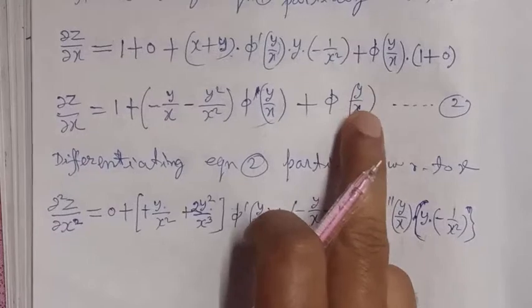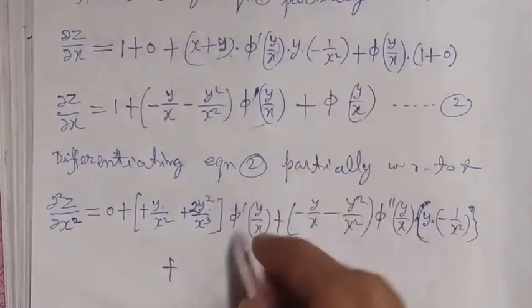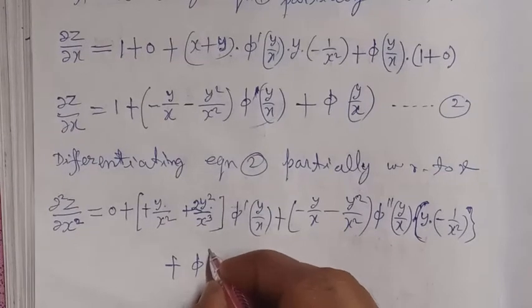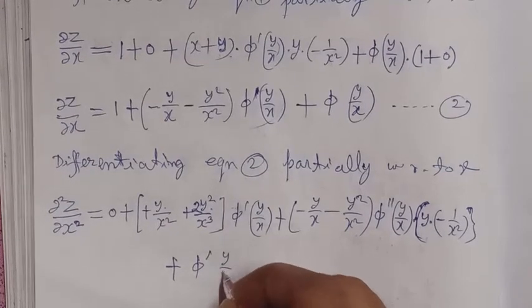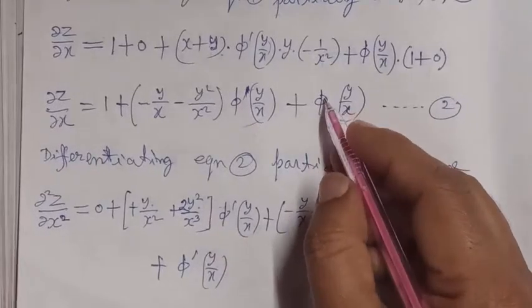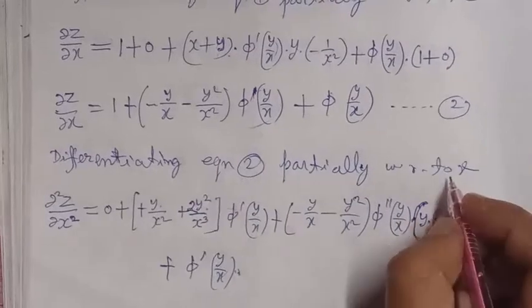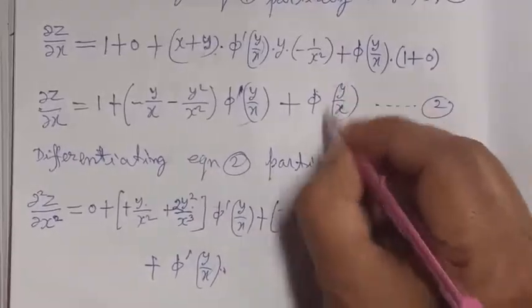Now differentiate this term. Differentiation of this becomes y dash, which is differentiation of phi with respect to y upon x. We are differentiating with respect to x, so differentiate this value.